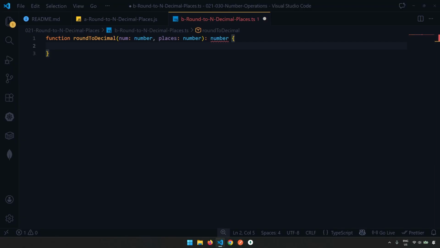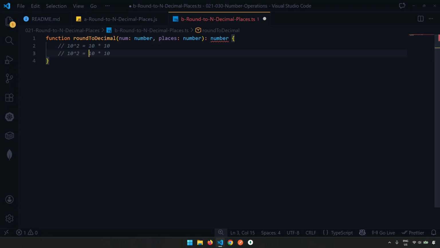So we know that the multiplier is 10 raised to the power of something. That something is places. Now it's a little bit difficult to raise a number to the power of another number manually, but if it is raised to a power, you can just unpack that. What do I mean by that? So if I say 10 raised to the power of 2, if I unpack this, this basically means 10 multiplied by 10.